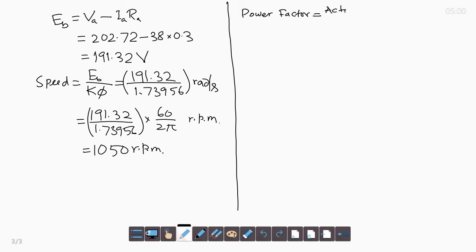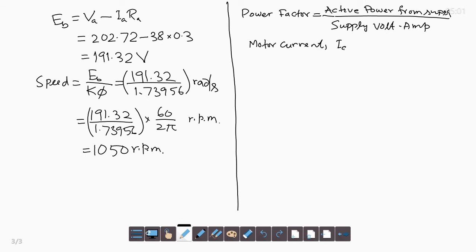Power factor is active power from supply divided by supply volt ampere. Motor current IA is 38 ampere DC.